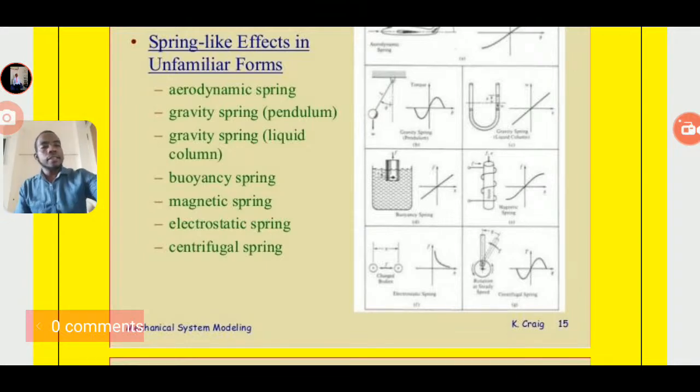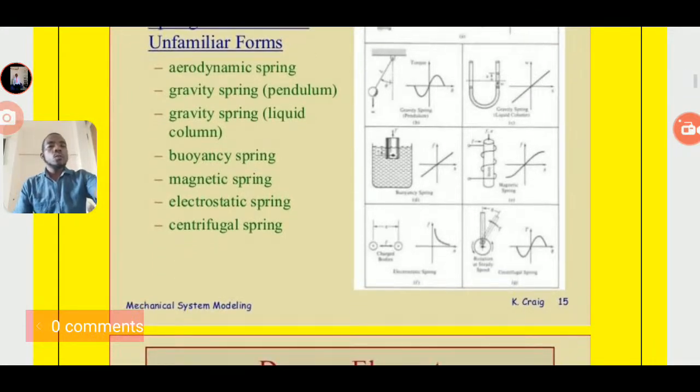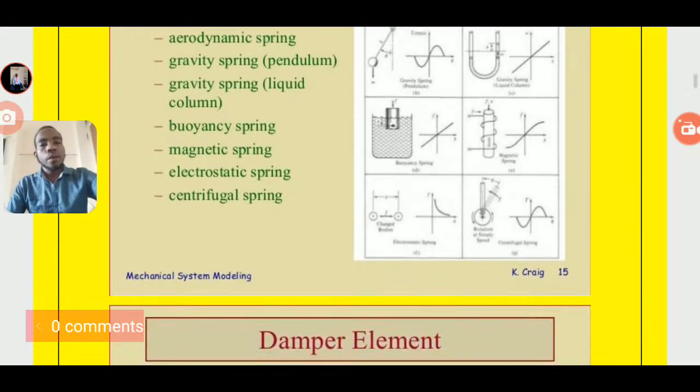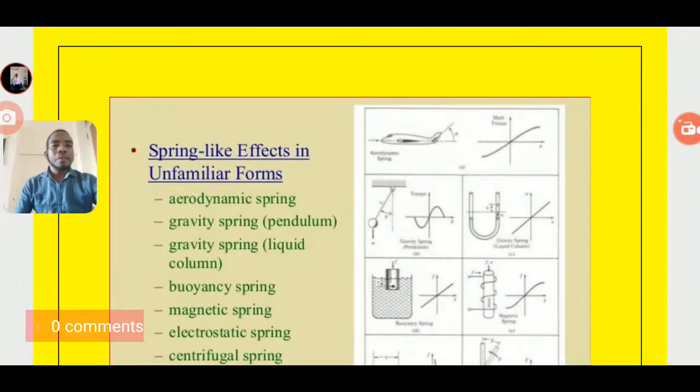We can see this from the picture also. We give these names according to where these springs are applied in daily life or real-life applications. So this is all about the spring elements.